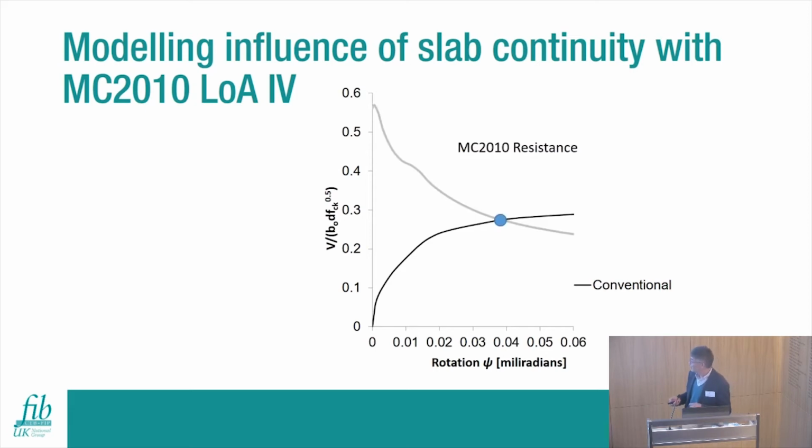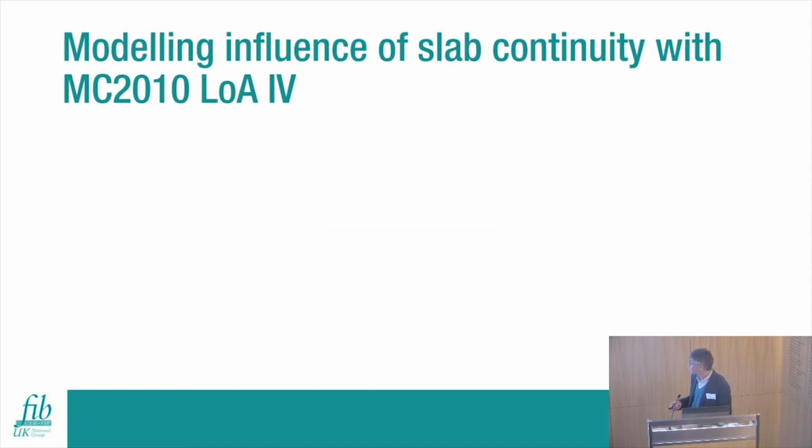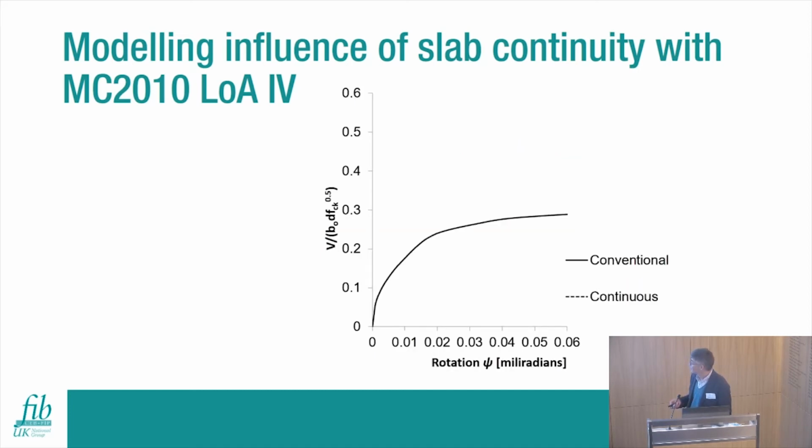Okay, this slide shows the analysis of the idealized test specimen. So the gray line here shows the resistance calculated with Model Code 2010. The black line represents the load rotation response, and the failure load is given by the intersection of those two curves. In this slide here, I've added in the response of the continuous slab.